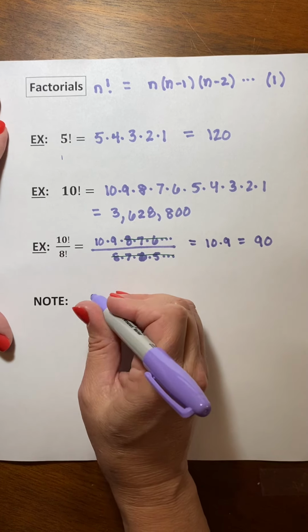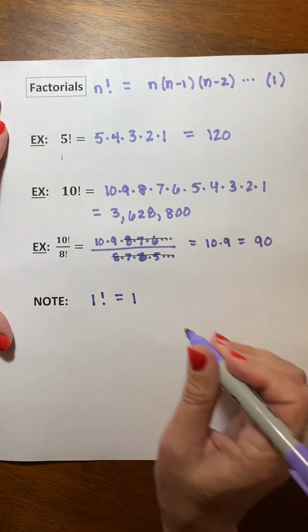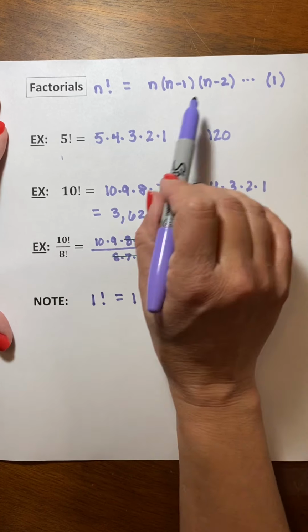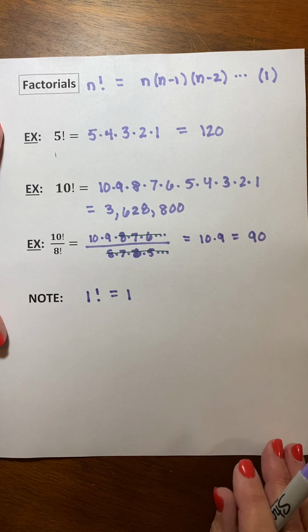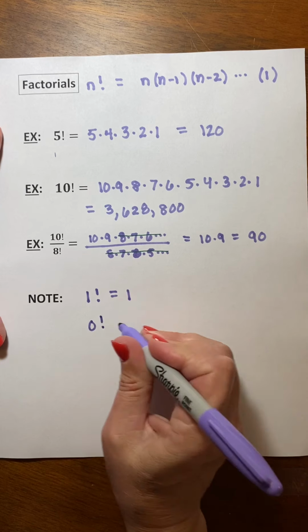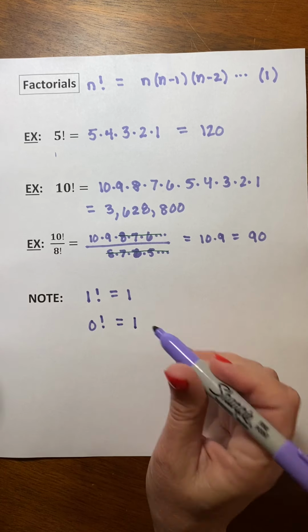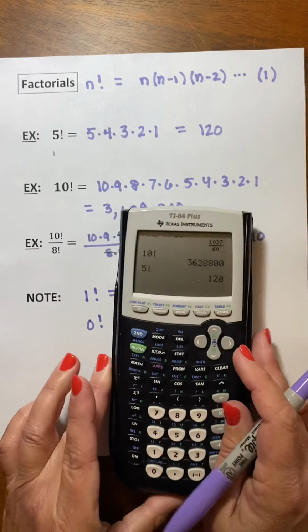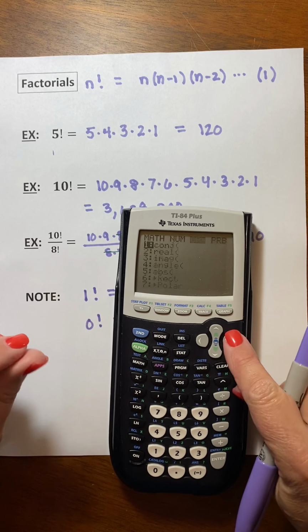Also note, 1 factorial is just 1, and that gets a little weird because the definition doesn't seem to necessarily support that. Right? 0 factorial actually has a value, and that's 1 also. This isn't a proof, but I'll just show you. Let's do 1 math factorial.